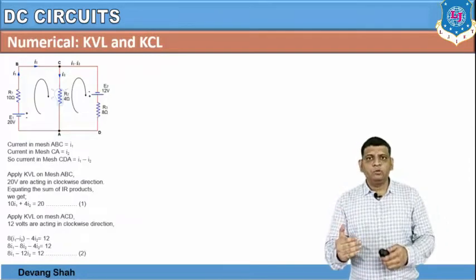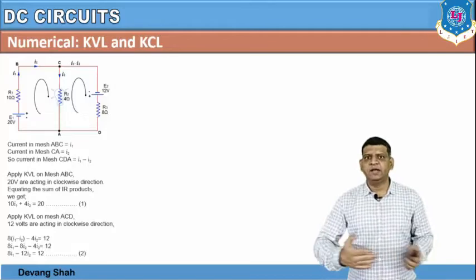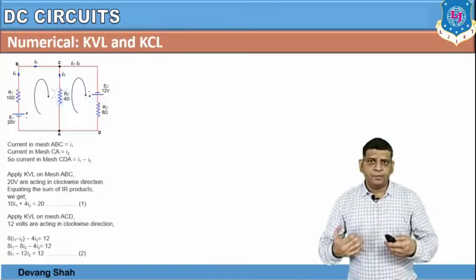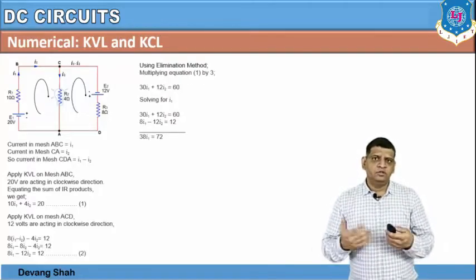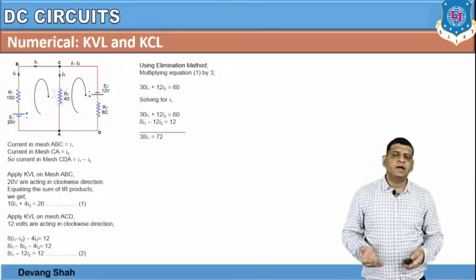Now, based on these two equations, your job is to find the values of I1 and I2. You can straight away apply the elimination method, a mathematical method, and from that you can find I1 and I2.